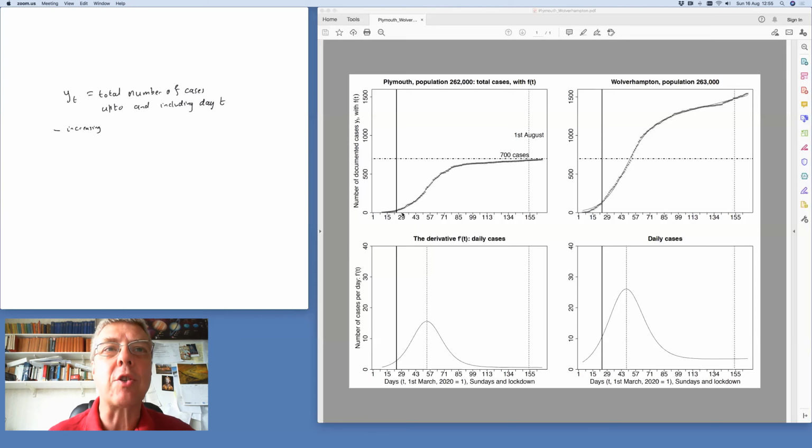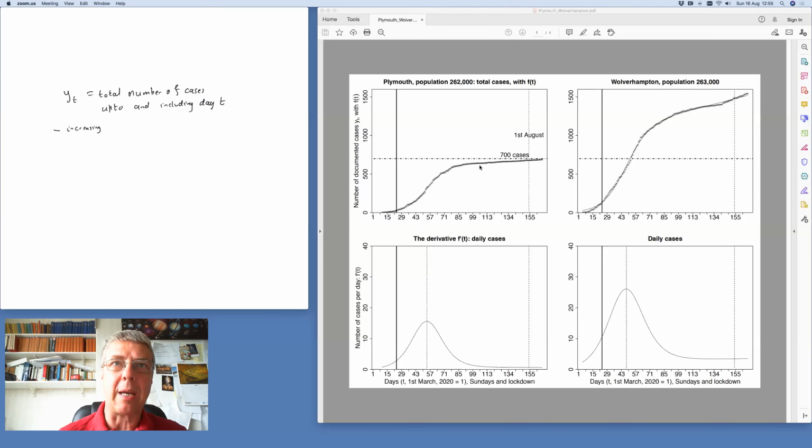Now you'll see on this graph that I've added a smooth curve, this black curve here. And this curve is a mathematical function that I've been working with in collaboration with a person called Giovanni Sebastiani, who is a leading Italian COVID-19 scientist.